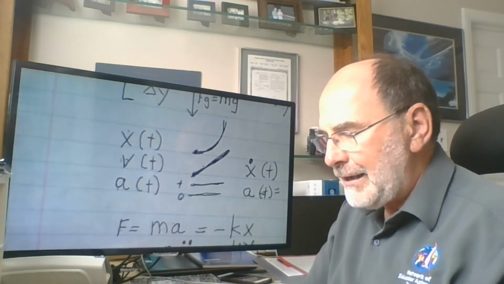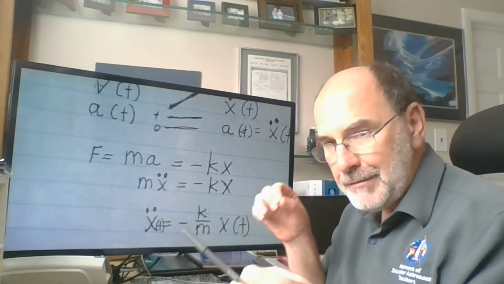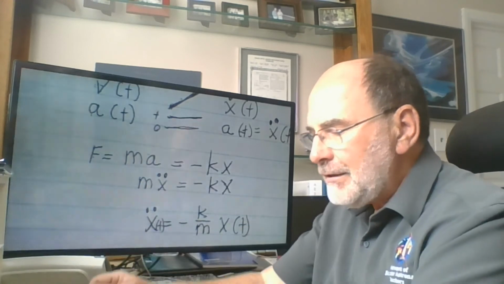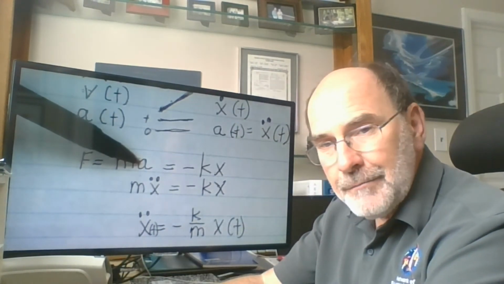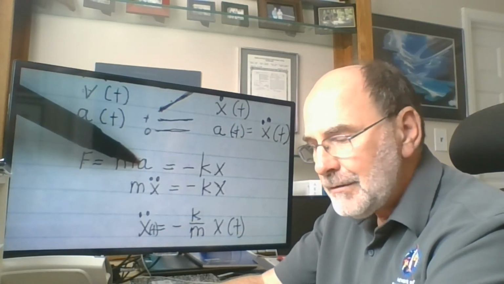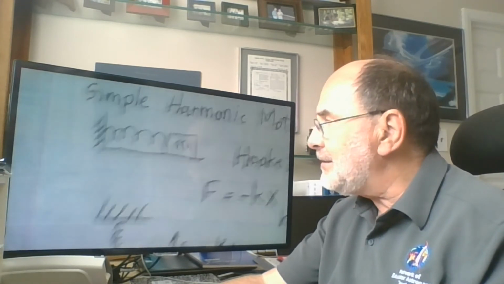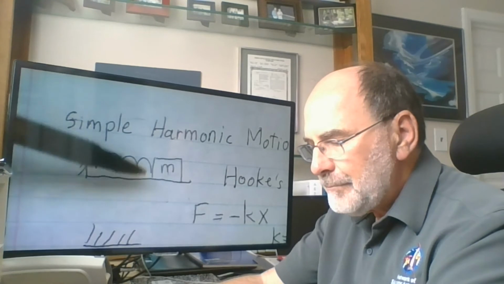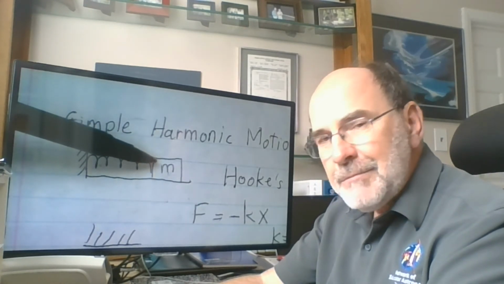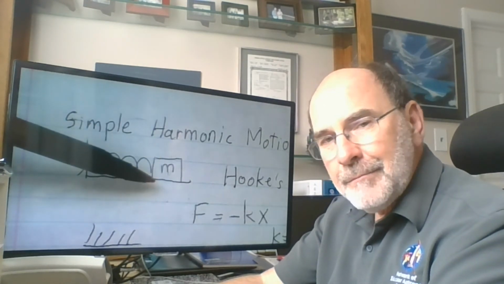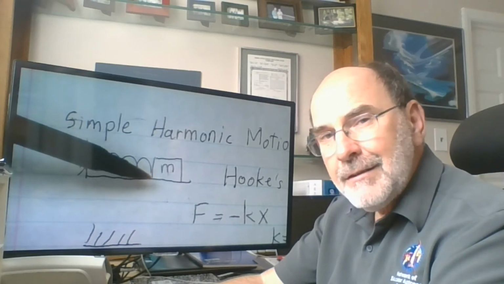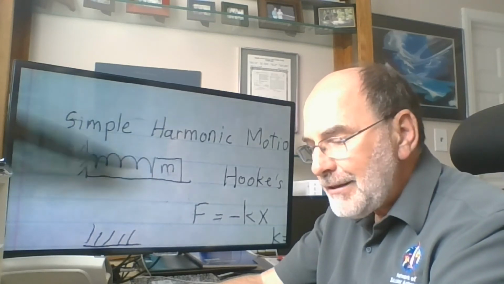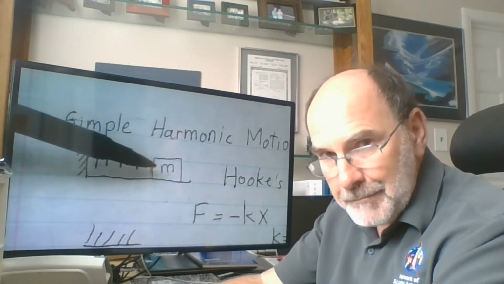So because F equals ma and x is at its maximum displacement, the acceleration is also at its maximum value when the mass is not moving. The displacement, maximum value. The velocity, 0. The acceleration, maximum value.